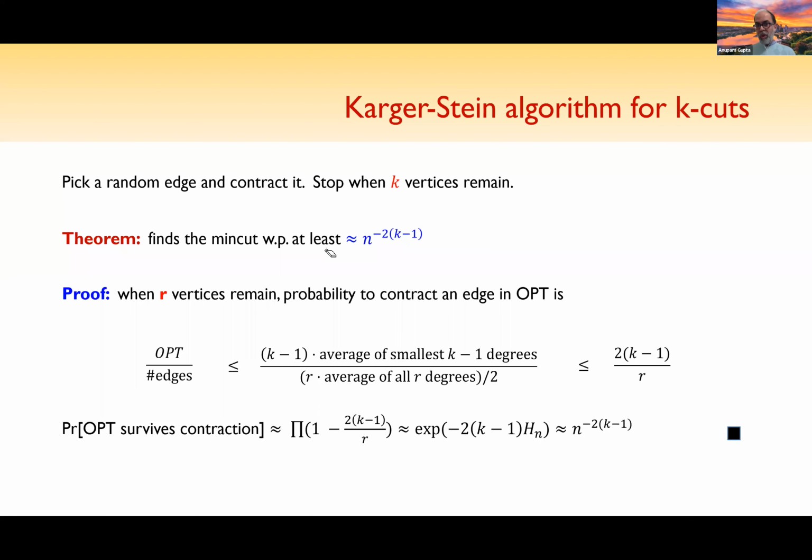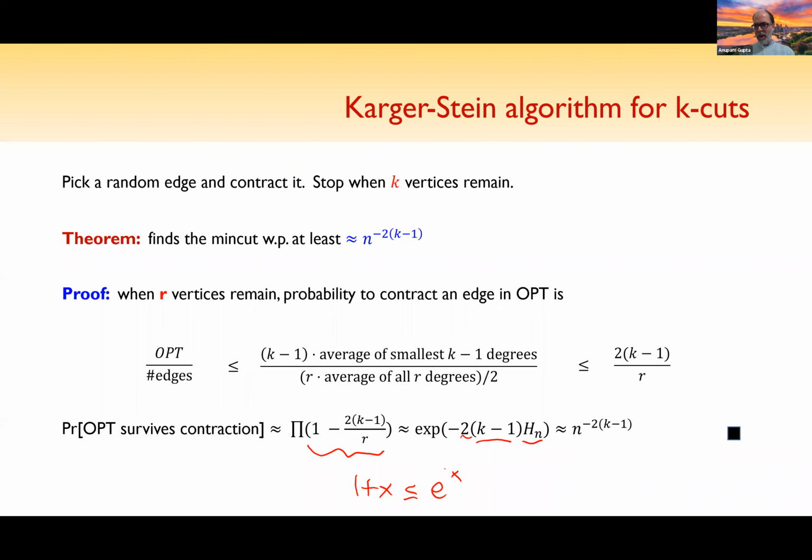Okay, so the probability you don't screw up is, well, at each step you shouldn't screw up. And that is this 2 over r gives you 2 times the harmonic number. The k minus 1 remains where it is. And I'm using the approximation 1 plus x is less than e to the x, but I'm using it kind of approximately.